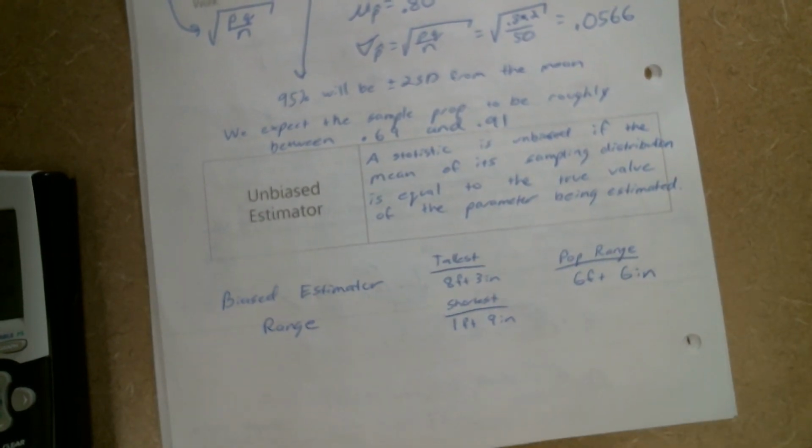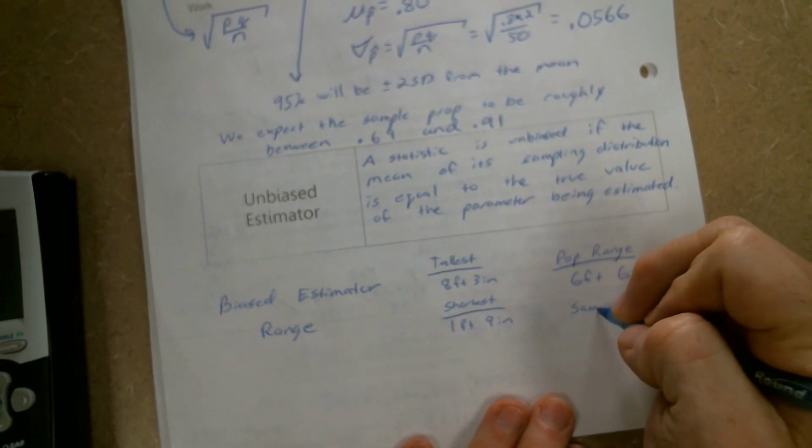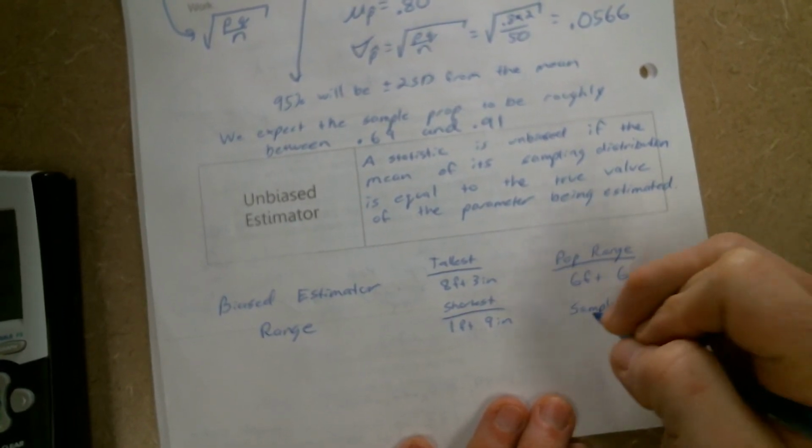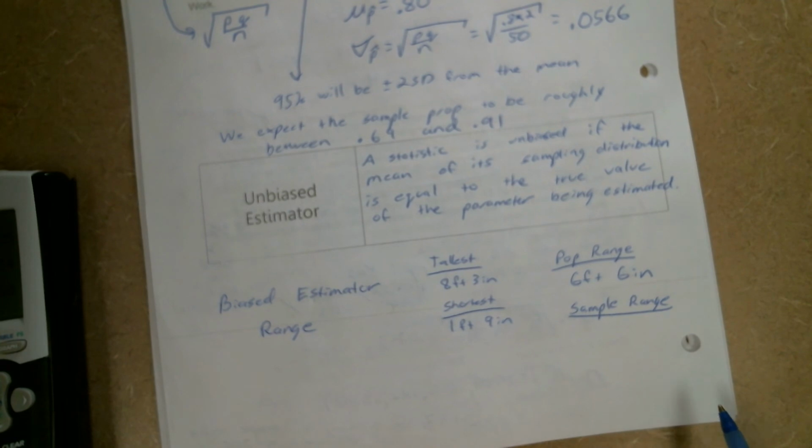Now, if you start sampling and calculating ranges, so let's say I take 100 people and calculate their heights and calculate the range, and I take another 100 people and find the range, and another 100 people, I'm not going to get 6 feet 6 inches. Because to get 6 feet 6 inches, I'd have to have both the tallest and the shortest person in the world in my sample.